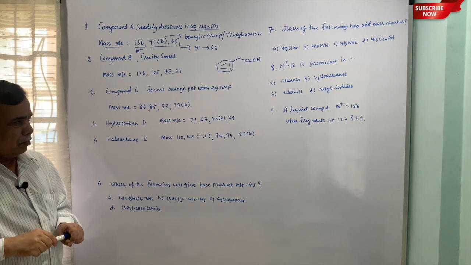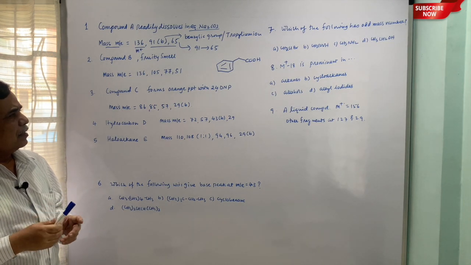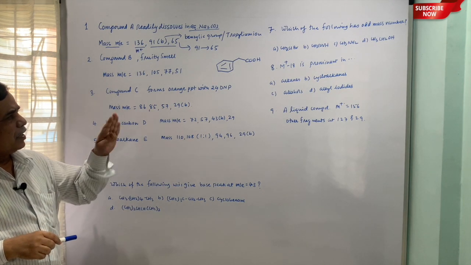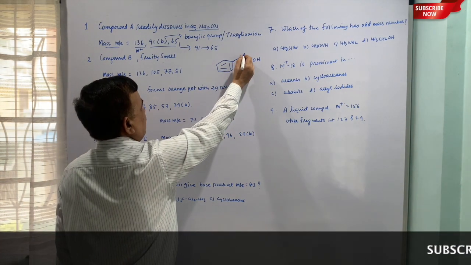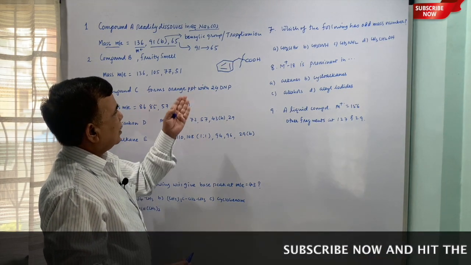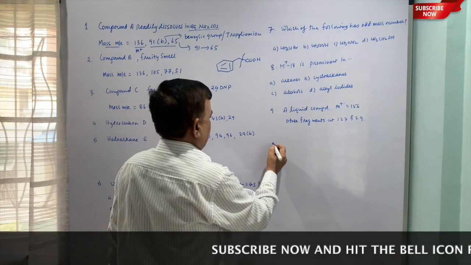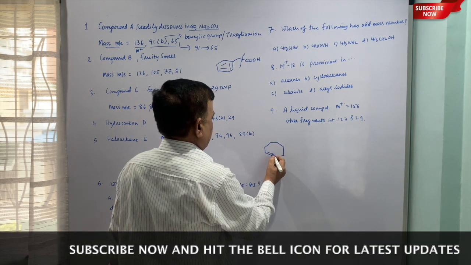So first one is benzylic, when this bond cleaves, you get 91, and then 91 can give you the 65. This also we have seen.